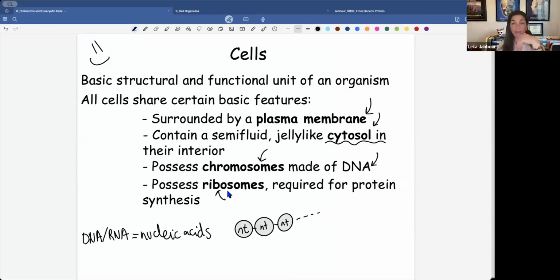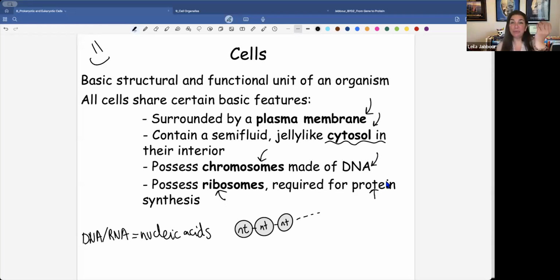Also, in any cell, no matter what kind of cell it is, it has ribosomes. Ribosomes are very important for protein synthesis. We'll talk about ribosomes in more detail in the chapter on cell organelles. These are small structures that are a combination of ribosomal proteins and RNA, and we end up with ribosomes when they're combined together.